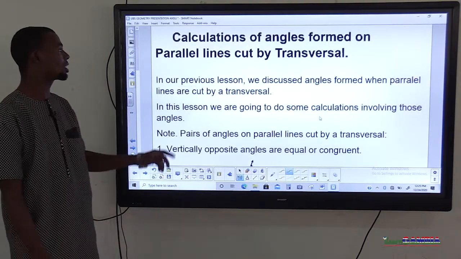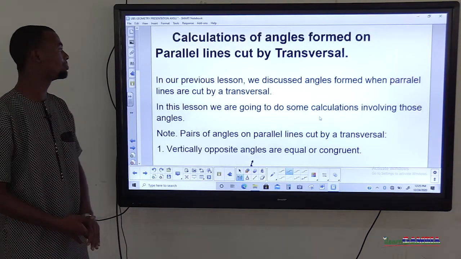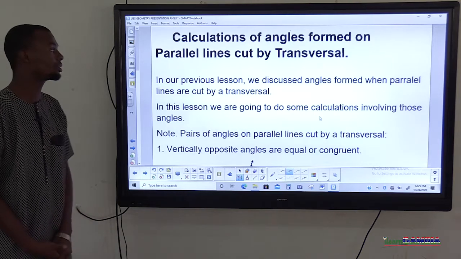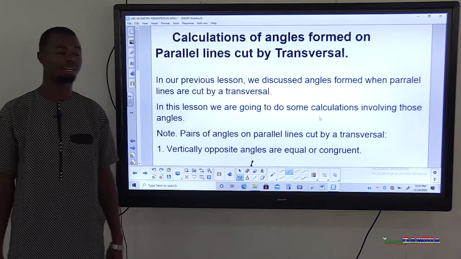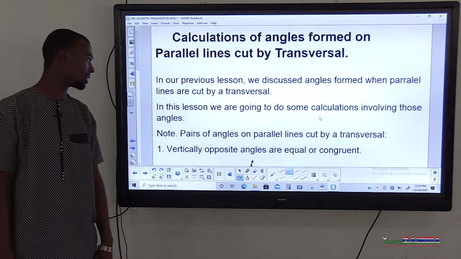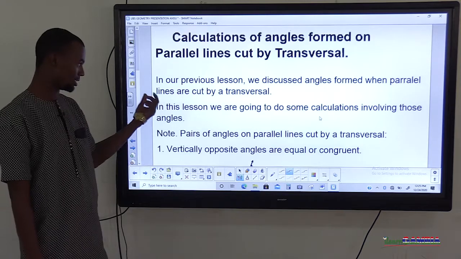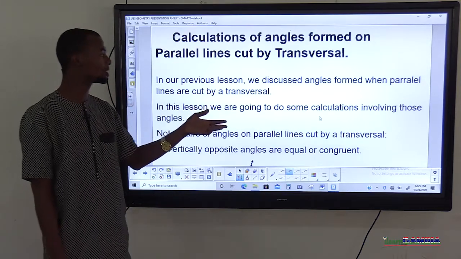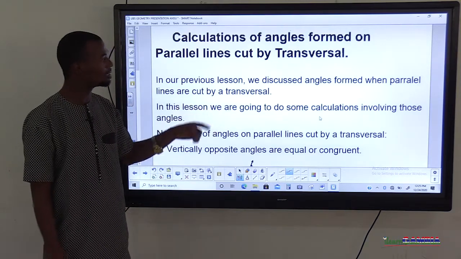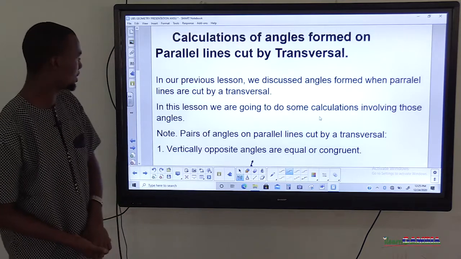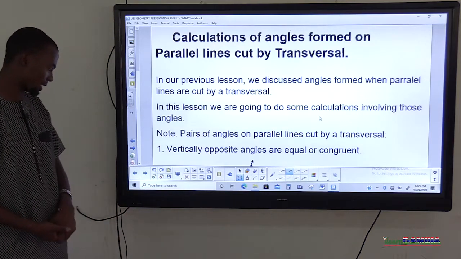So we move on to the calculation of angles formed on parallel lines cut by a transversal. In the previous slides, we discussed the angles formed when parallel lines are cut by a transversal.